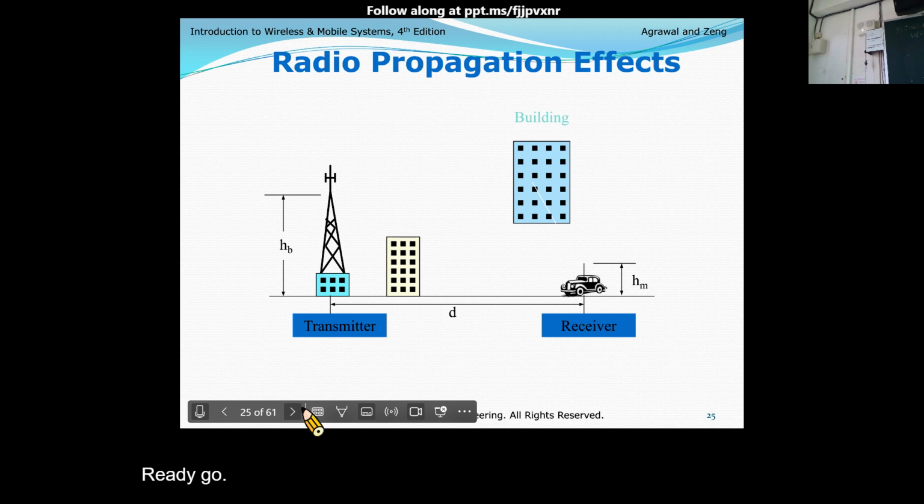Louder, speak louder. Scattering, reflection, and diffraction. Yes, correct. Reflection first, diffraction, and scattering, if I follow the order of slides, right?